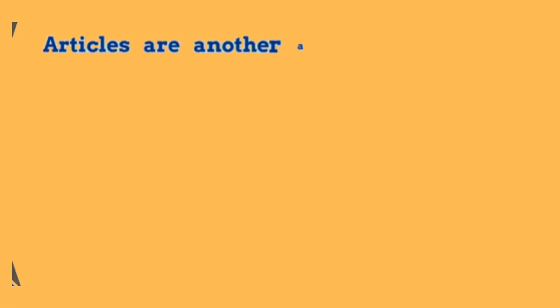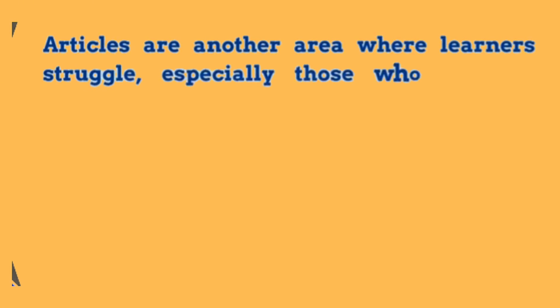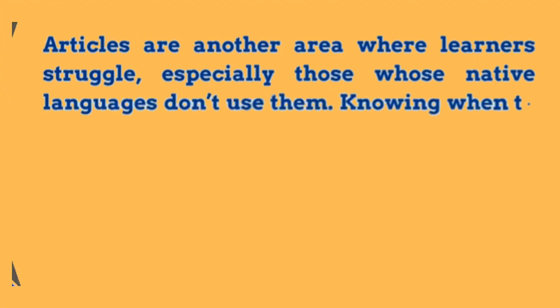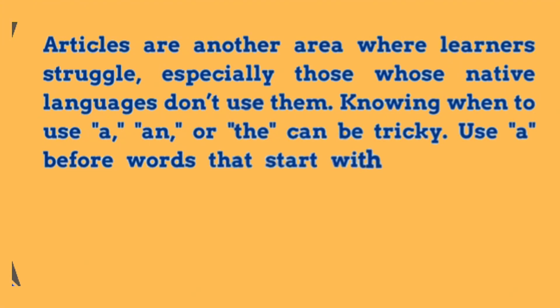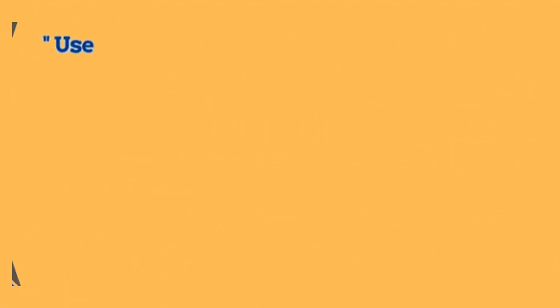Articles are another area where learners struggle, especially those whose native languages don't use them. Knowing when to use a, an, or the can be tricky. Use a before words that start with a consonant sound. A dog, a house. Use an before vowel sounds.